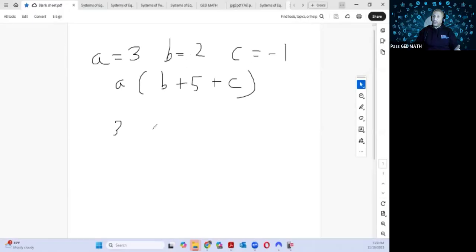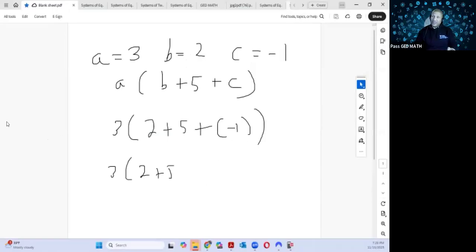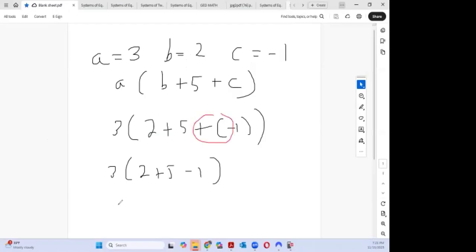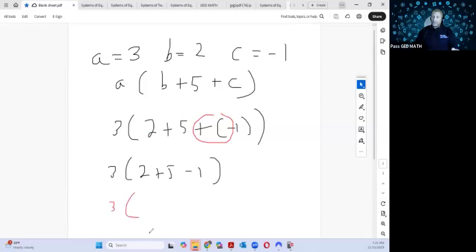Everywhere I see a B, I'm going to put a 2. Plus 5 plus, everywhere I see a C, I'm going to put a -1. So 3, 2 plus 5, -1. Remember, a positive and a negative make a negative. So that becomes 5 minus 1. 3, 7 minus 1. 3 times 6, 18.